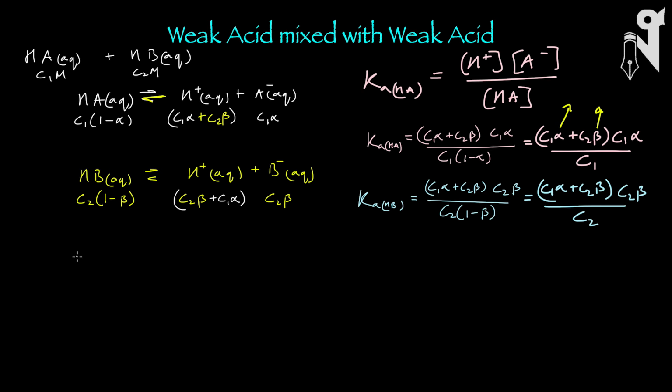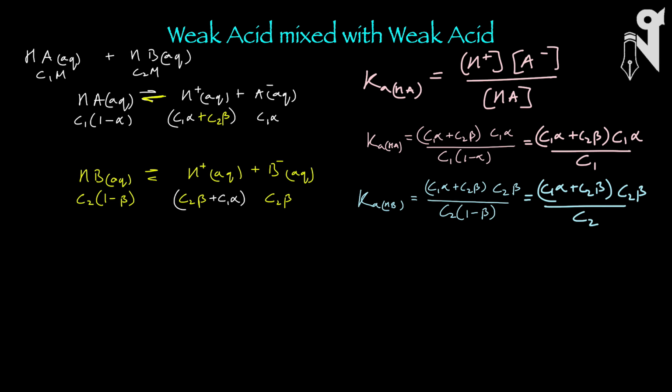Don't forget that the H plus concentration in the solution of the mixture is C1 alpha plus C2 beta. That's the concentration, and that's the thing I want to get. So I'm not going to destroy this bracket which is there. This bracket is having that concentration, this is also having that concentration. So I'm just going to do some manipulations to get my answer.